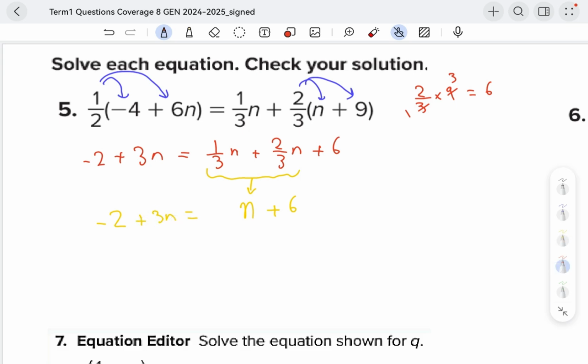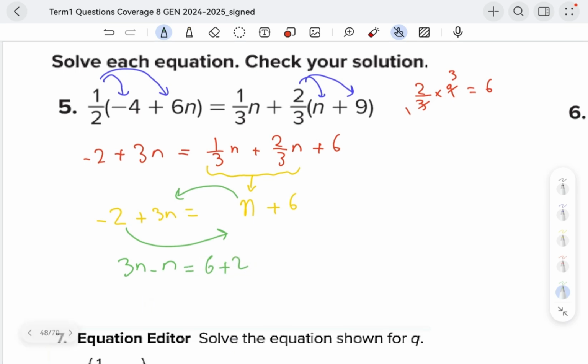Move the variable to the left side and the constant to the other side. We're going to have 3n minus n equals 6 plus 2. Here it's 2n equals 8. Now divide by 2, divide by 2. The value for n is 4.